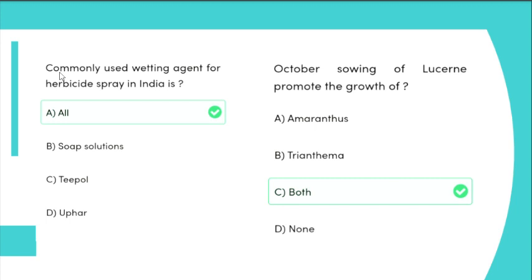Next question, commonly used wetting agent for herbicide spray in India is, here option number A will be correct, and we use soap solutions. Teepol and Upahar are the commonly used wetting agents for herbicide spray in India. Next question, October sowing of lucerne promotes the growth of, here option number C is correct, that is both Amaranthus and Trianthema.